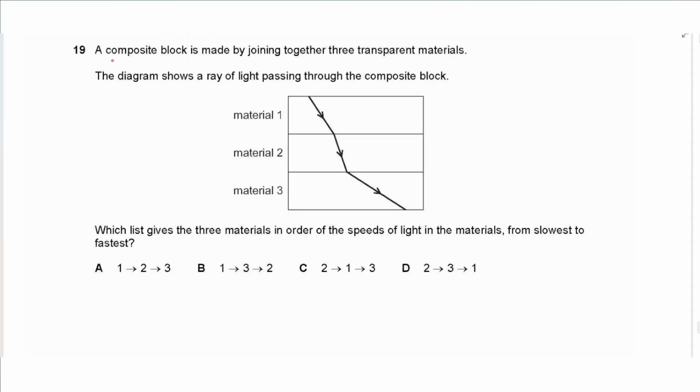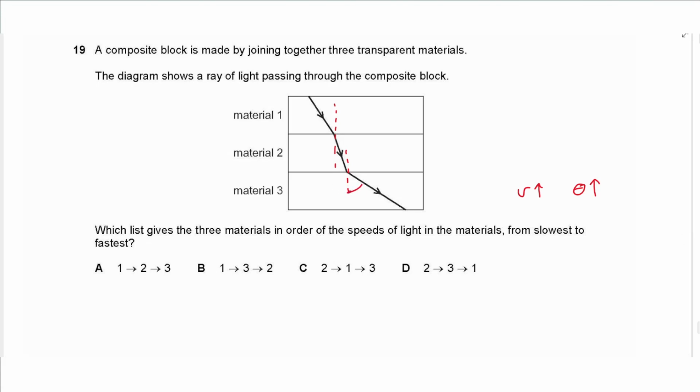Question 19 says a composite block is made by joining together three transparent materials. The diagram shows a ray of light passing through the composite block. Which list gives the three materials in order of the speeds of light in the materials? As speed increases, the angle from the normal increases. So we need to draw normals at the boundaries between the media.